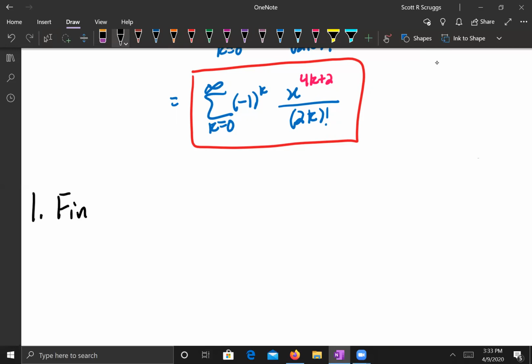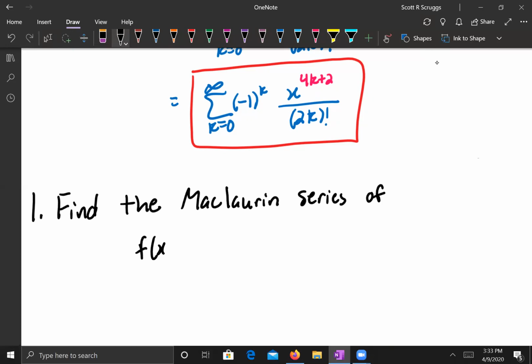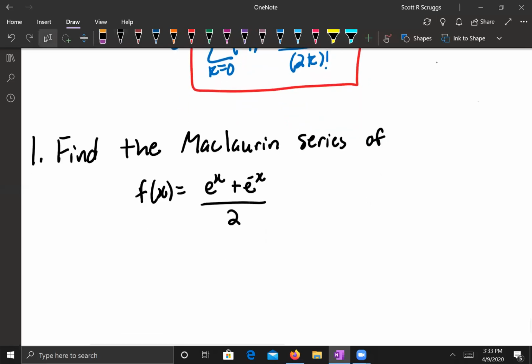find the Maclaurin series of this guy. And also when you do that, find the radius of convergence and the interval of convergence as well.